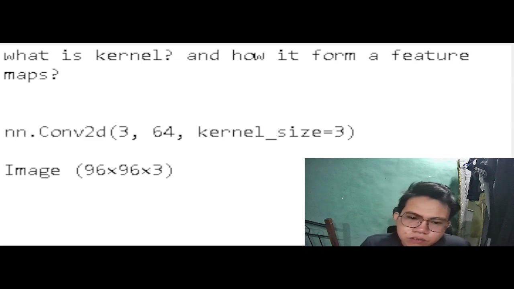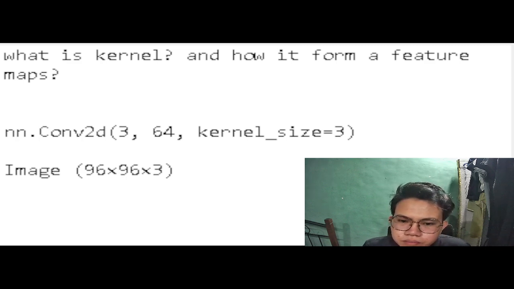So let's say the first filter or kernel moves around and might learn the vertical edges, the filter number 2 is for horizontal edges, kernel number 3 is for the diagonal edges, and kernel 4 is for curves, until we reach kernel number 64 that could learn more complex patterns.